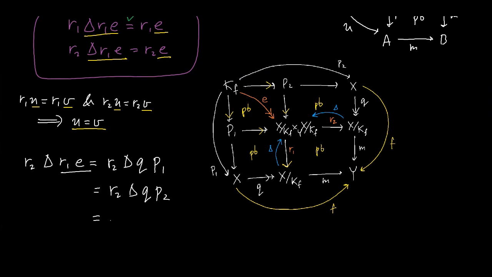QP2 is the same as ER2, isn't it? Sorry, I mean R2E. And we're done. Because delta R2 delta is identity, isn't it?